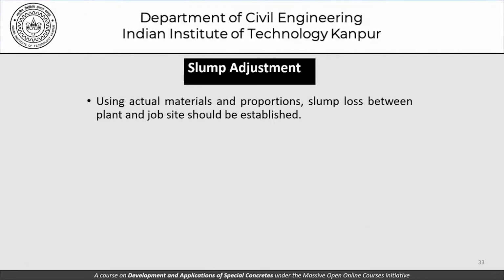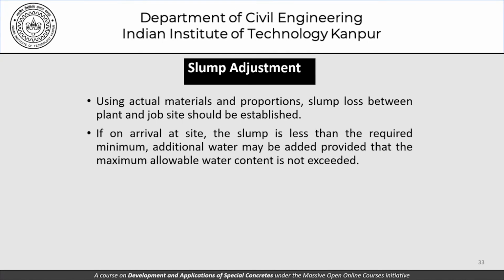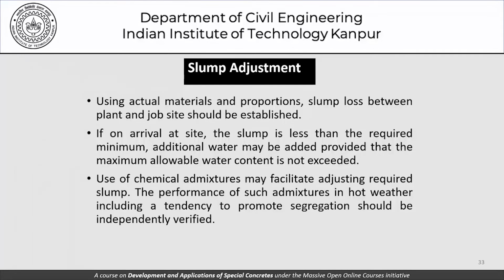Coming to slump adjustment, actual materials and proportions, the slump loss between the plant and the job site needs to be established. If on arrival at site the slump is less than the required minimum, addition of water is allowed as long as it does not lead to the maximum allowable water content being exceeded, and use of chemical admixtures may facilitate adjusting the required slump. The performance of such admixtures in hot weather, including a tendency to promote segregation, should be independently verified.